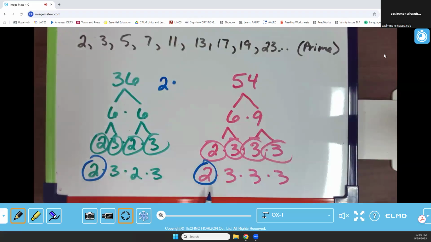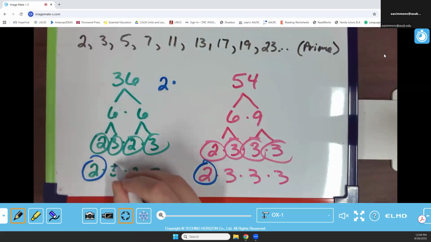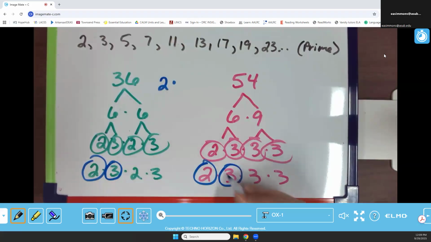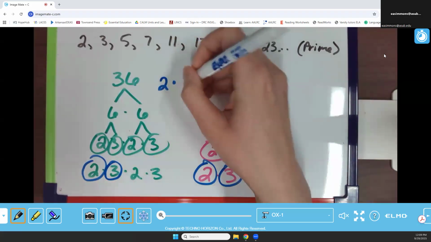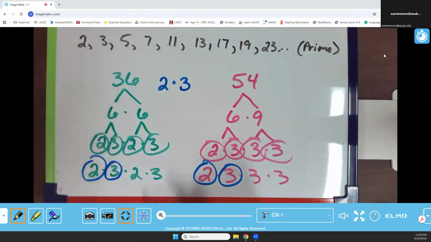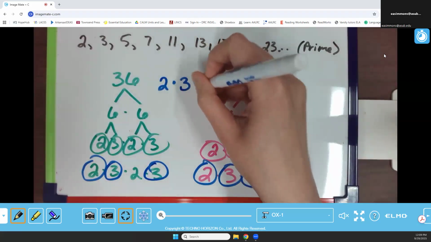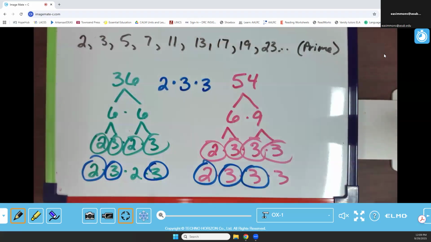Since they have a 2 in common, I'm putting a 2 here. 36 has a 3, and 54 has a 3 that matches, so I'm going to put a 3 up here. 36 has another 2, 54 doesn't have that 2, but 36 has another 3, and 54 has another 3. So we have 1 shared 2 and 2 shared 3s.